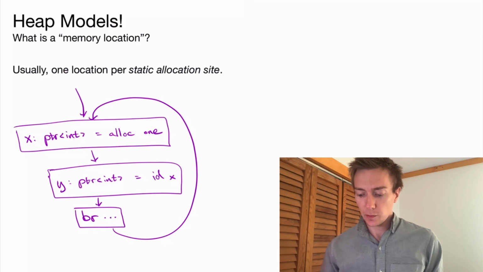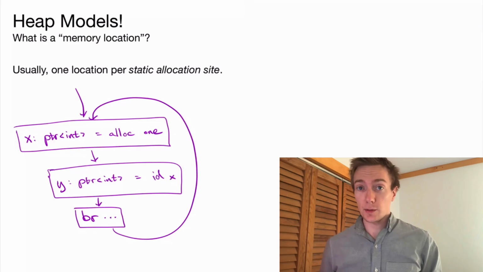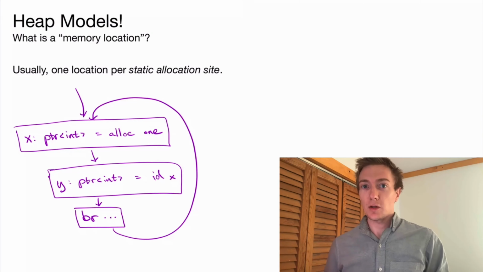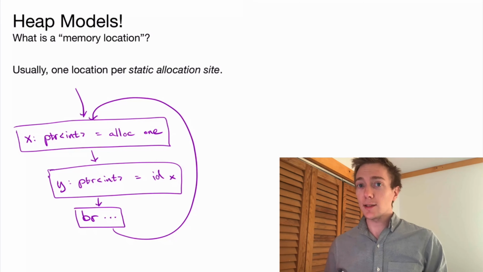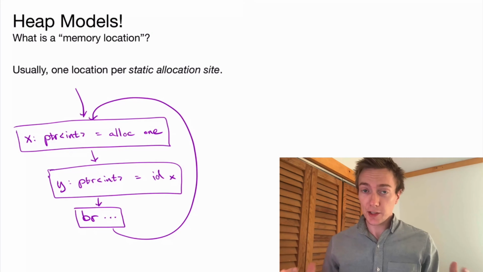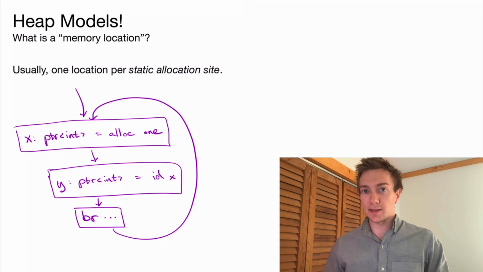If we answer this question with a memory location is an actual concrete pointer, that is an actual number that points to a location in memory, then we're going to end up with the non-termination and over-precision problems that we just saw when we tried to come up with new memory locations in every trip through the loop. So we need an abstraction of memory that lets us do alias analysis in a computable and tractable way.